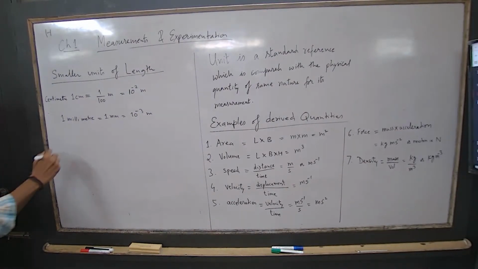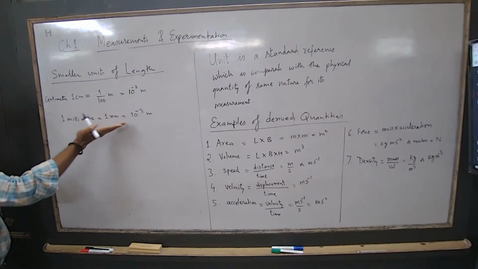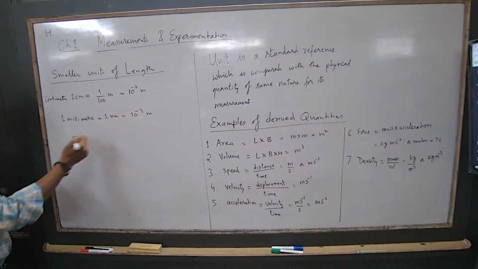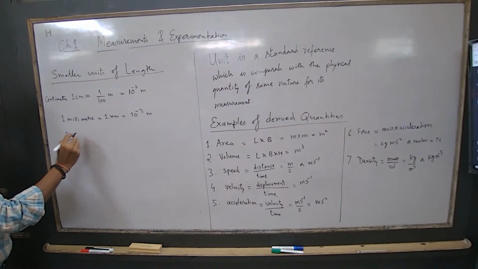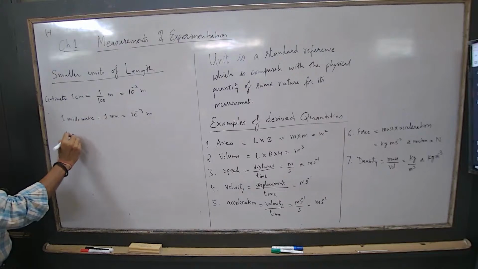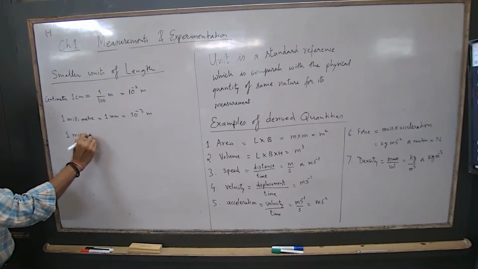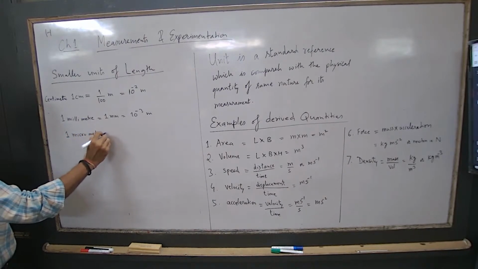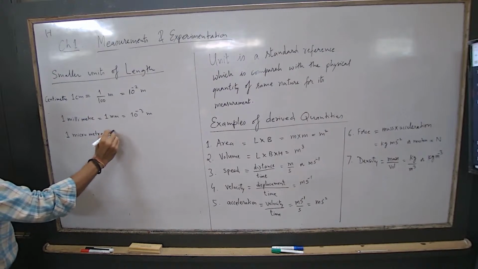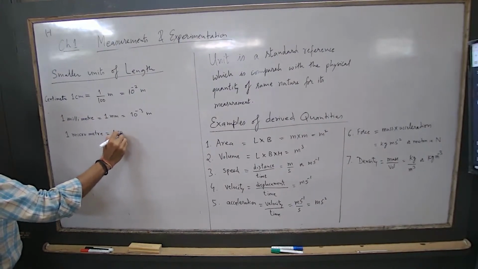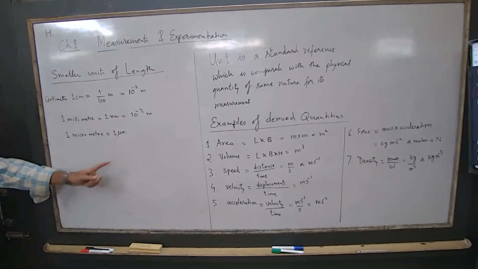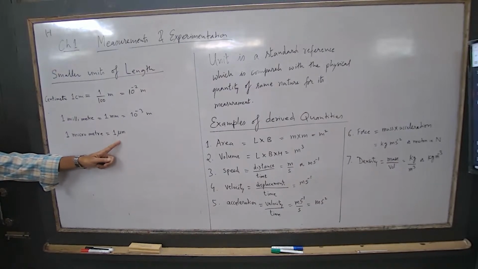You have even smaller lengths. So it is the 1,000th part of a meter. Then you have 1 micrometer. It is written with mu, which is a Greek letter, M-U.